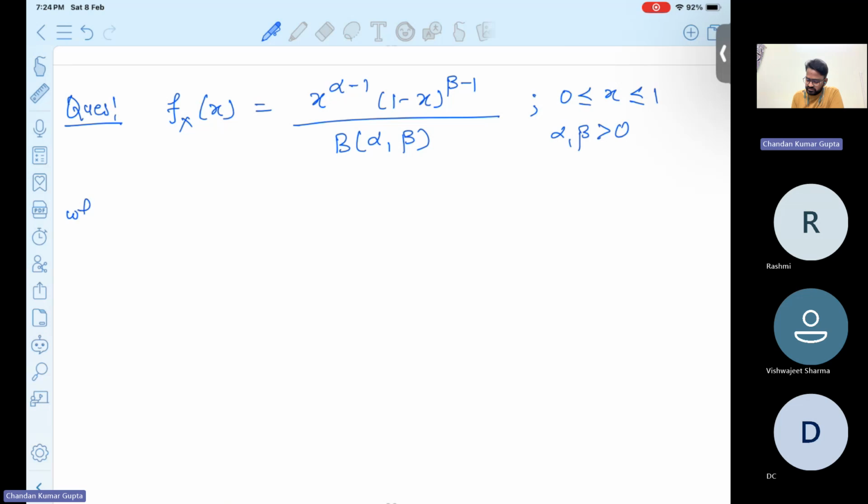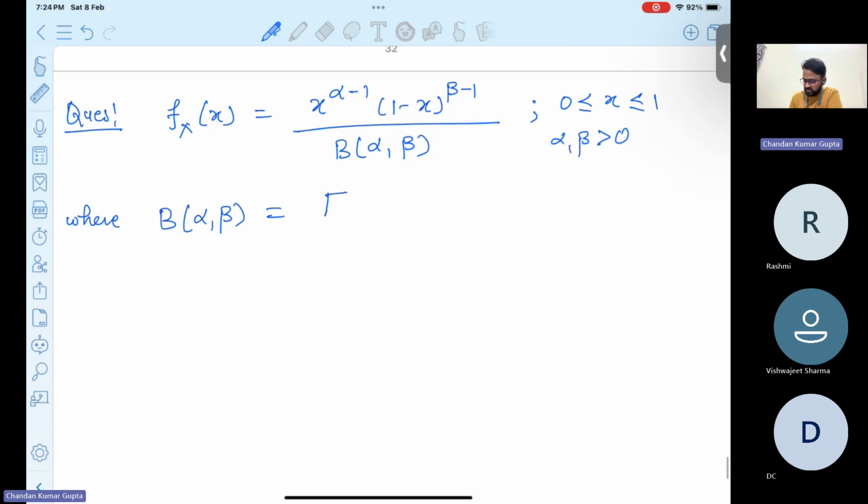Here the beta function is defined as, here alpha beta is defined as gamma alpha gamma beta upon gamma alpha plus beta. Okay, so this is the given PDF.